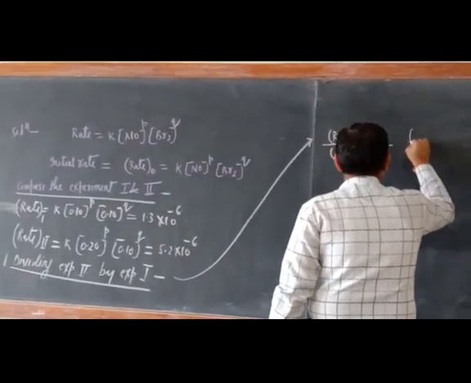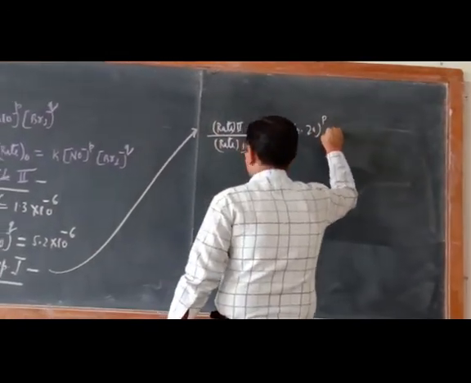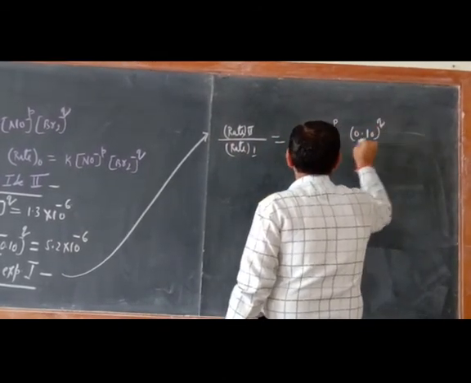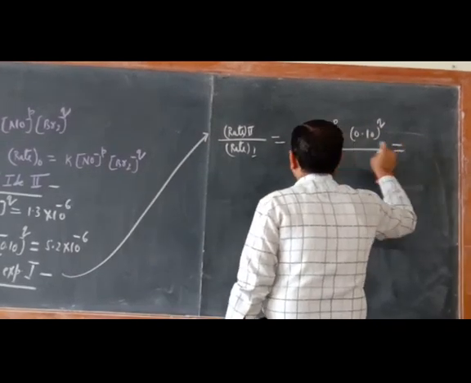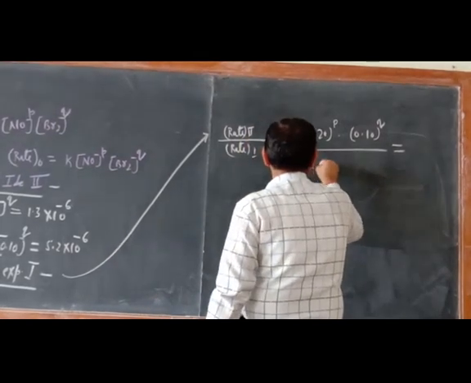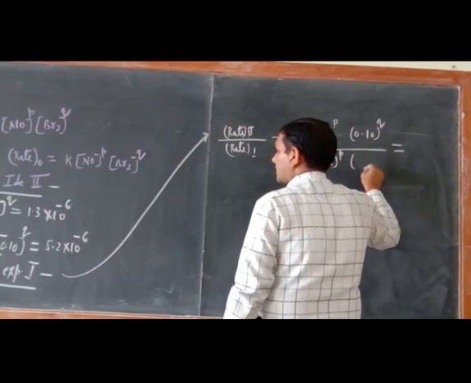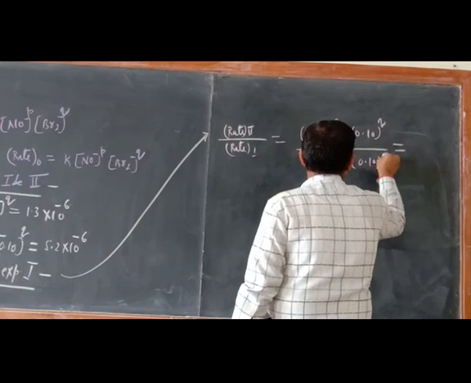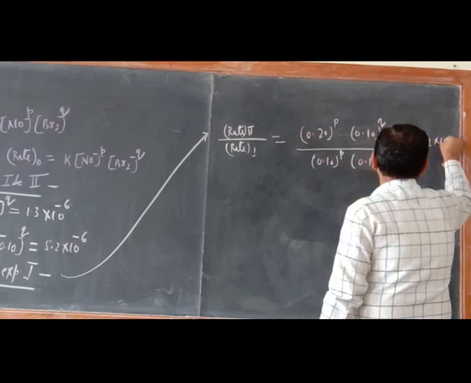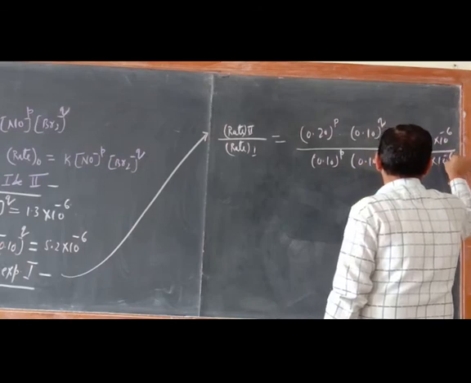Now here 0.20 to the power P into 0.10 cubed, divided by 0.10 to the power P and here 0.10 cubed, that is equal to 5.2 into 10 raised to the power minus 6 divided by 1.3 into 10 raised to the power minus 6.